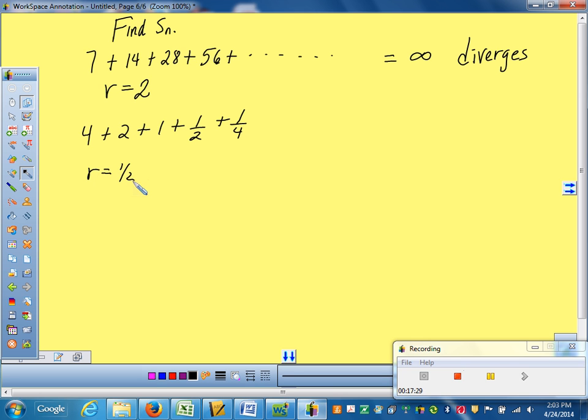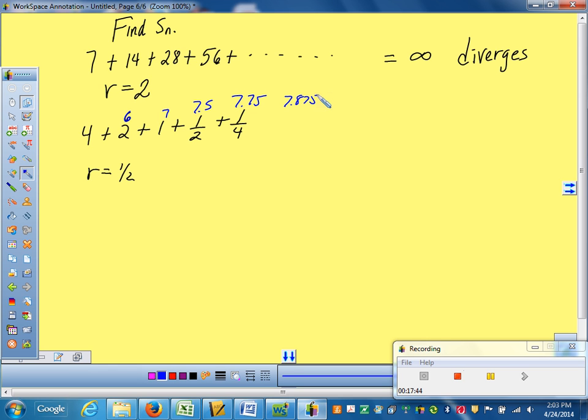If I actually start summing them, 4 plus 2 is 6, plus 1 would be 7, that'd be 7.5, add a 4th, that'd be 7.75, the next one would be 7.875. Is it going to go to infinity? Do you think it's going to go to 8? No, it's not. It's like 7.9. But the key thing is, it doesn't go to infinity.